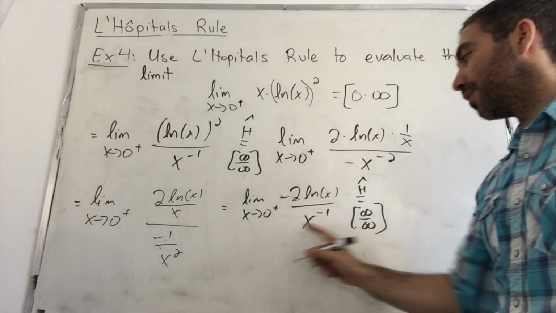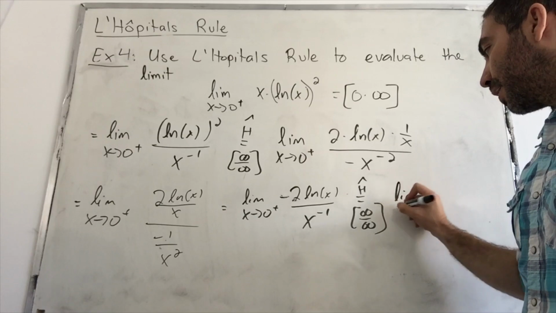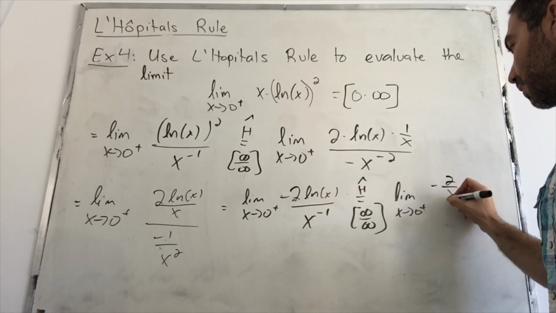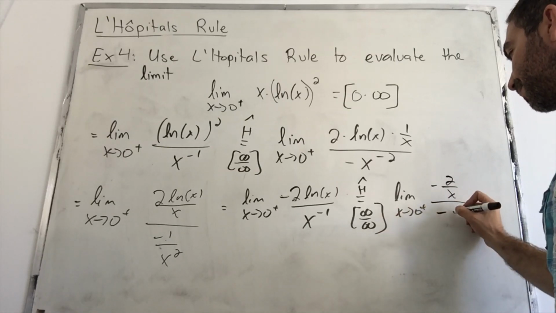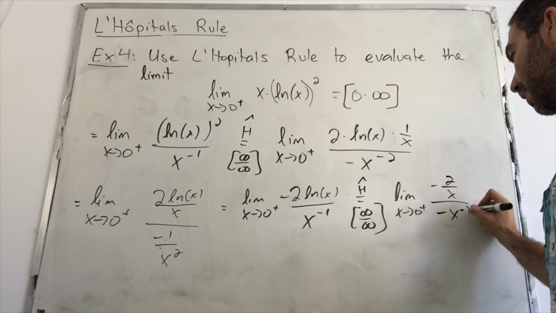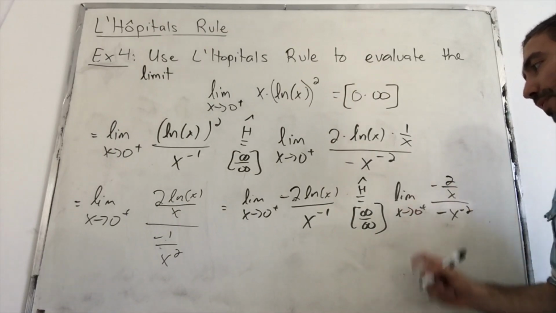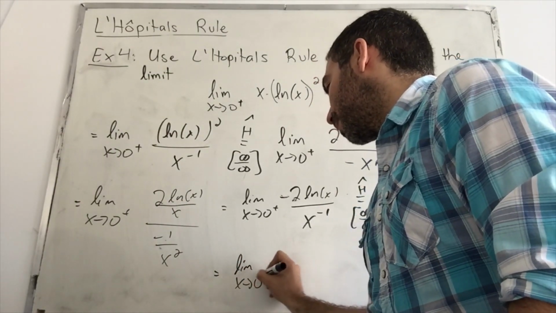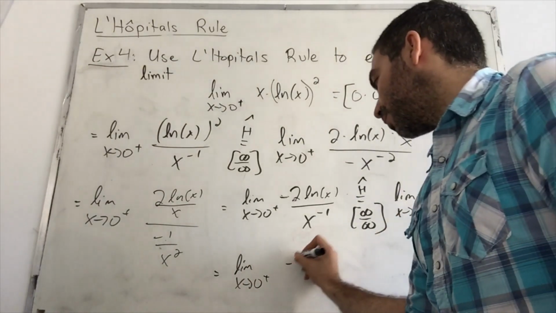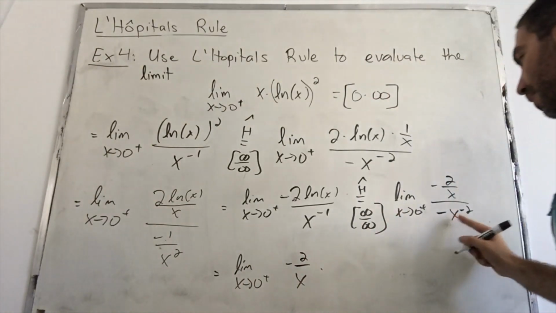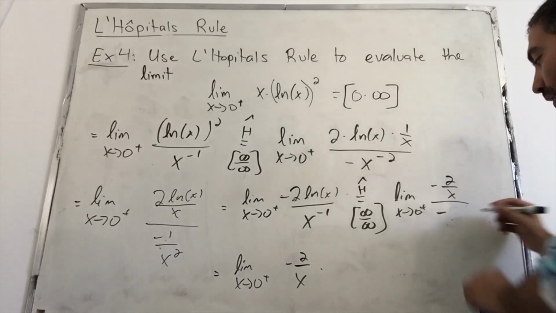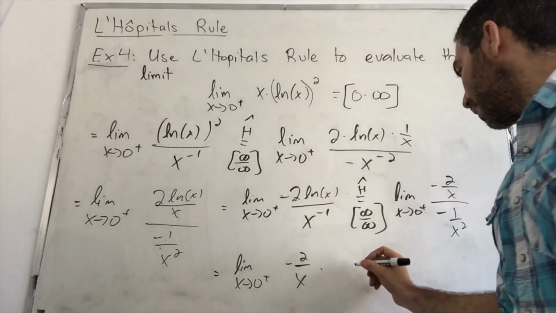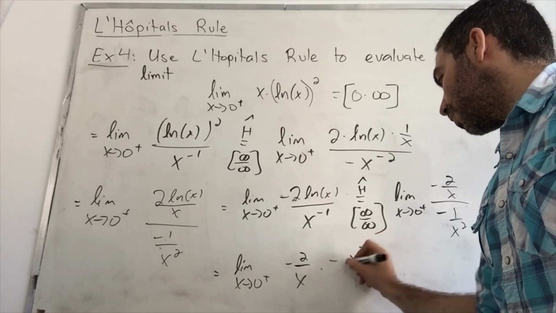So we take the derivative of the top, take the derivative of the bottom, and we get negative 2 over x divided by negative 1 x to the negative 2. And this we just simplify. Limit as x goes to 0 from the positive side, we get negative 2 over x times, you can think of it as negative 1 over x squared, and we're going to flip it, giving us negative x squared over 1.